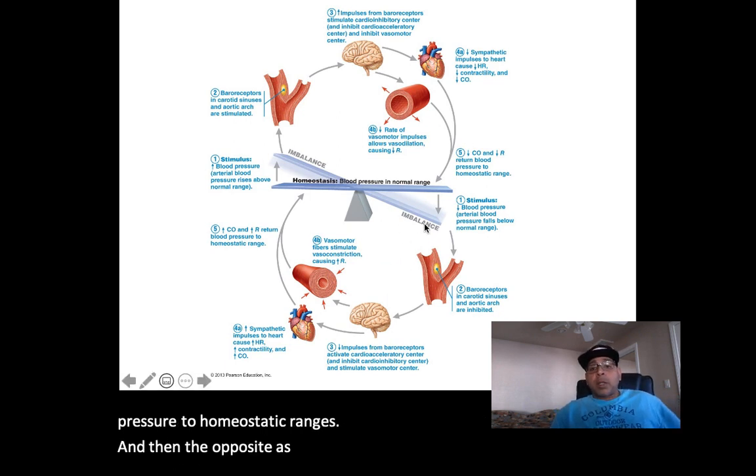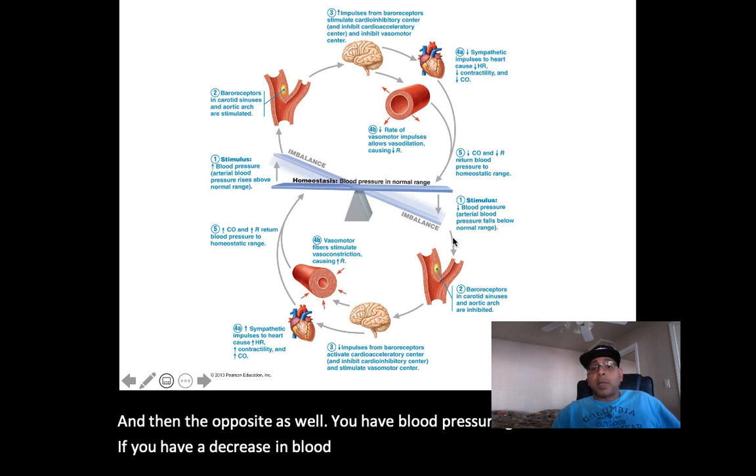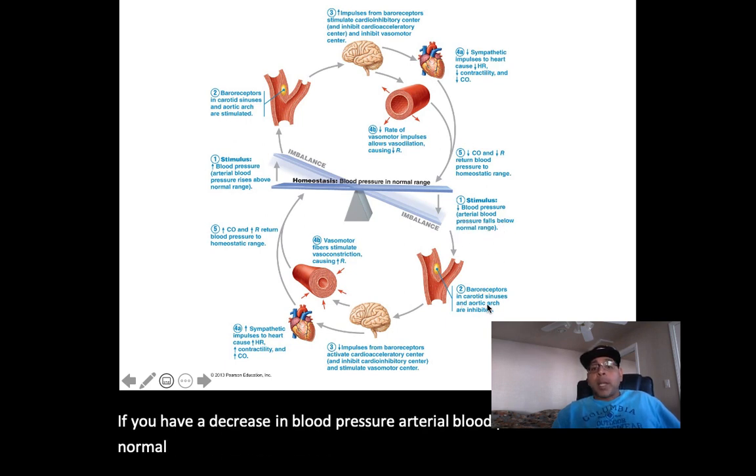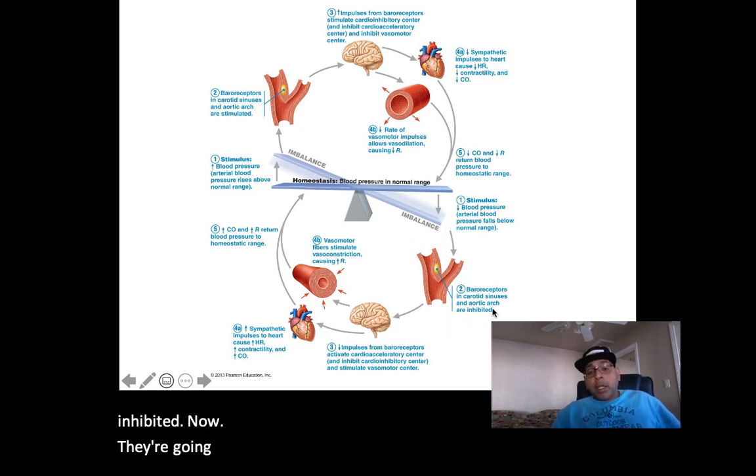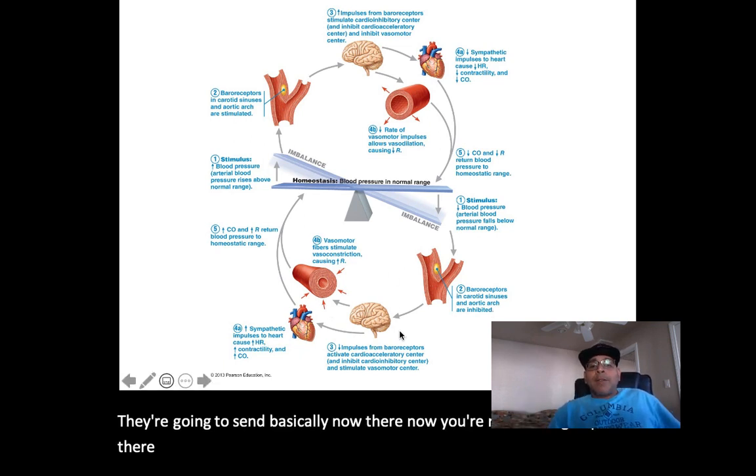Now if you have a decrease in blood pressure, arterial blood pressure falls below the normal range, baroreceptors in the carotid sinus and the aortic arch are inhibited. You have decreased impulses coming in from baroreceptors.